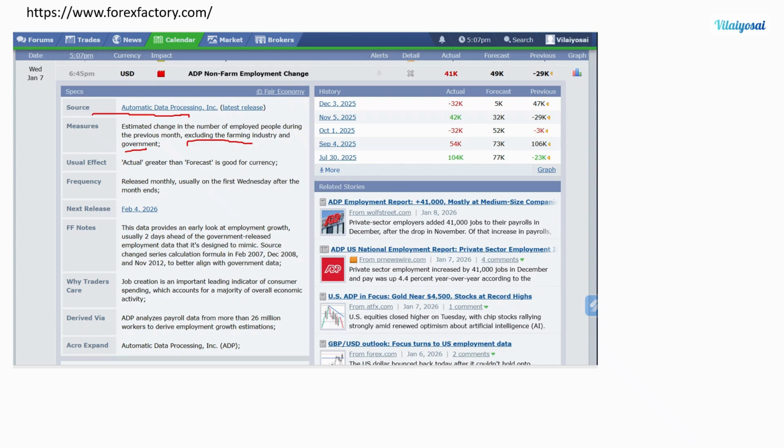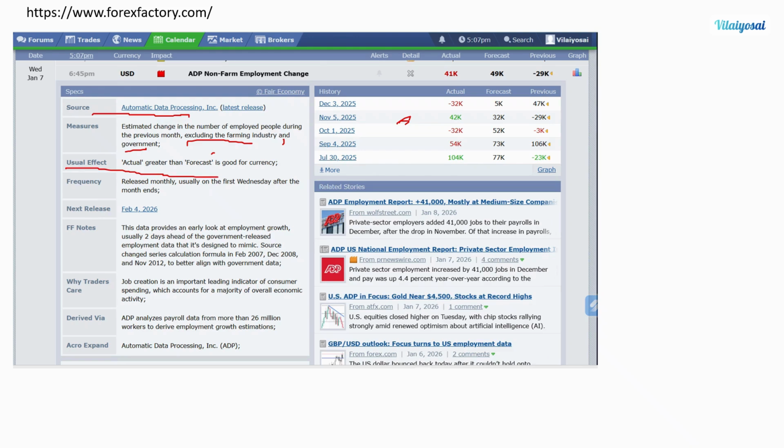I have told you we exclude government companies, government employees, and also farming industries. The data of employees from the farming industry will not be stable because of monsoon and so on. It collapses these data. So ADP excludes farming and government employees' data.